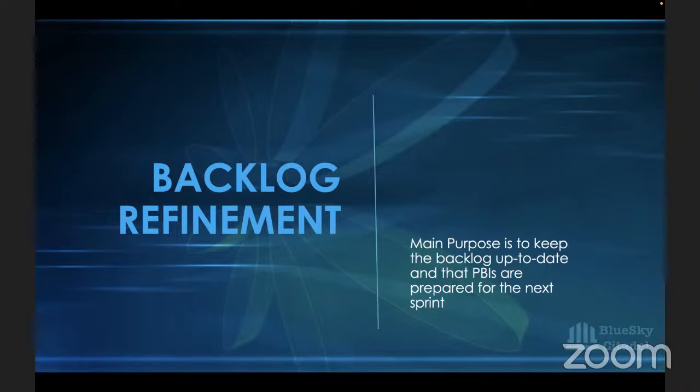Maybe during the refinement, the developers feel like this product backlog item does not have enough details, and then the product owner has to go back to the stakeholders to get additional information. But if you do it at the end of the sprint, there's no time to do all of this, and then you come to your sprint planning and start talking about it again. It's just better to have it in the middle of your sprint.